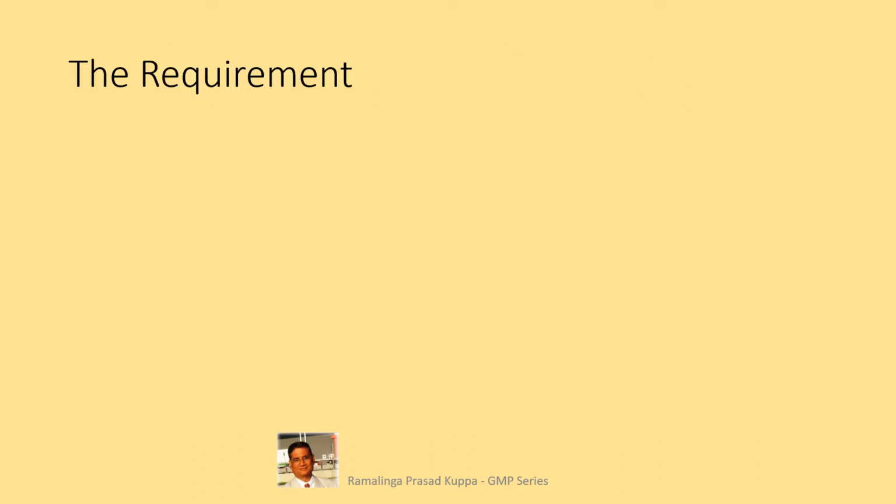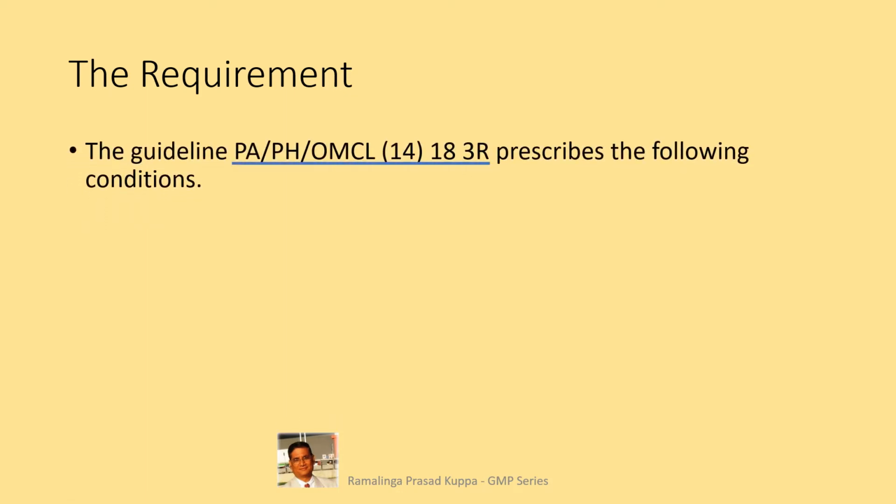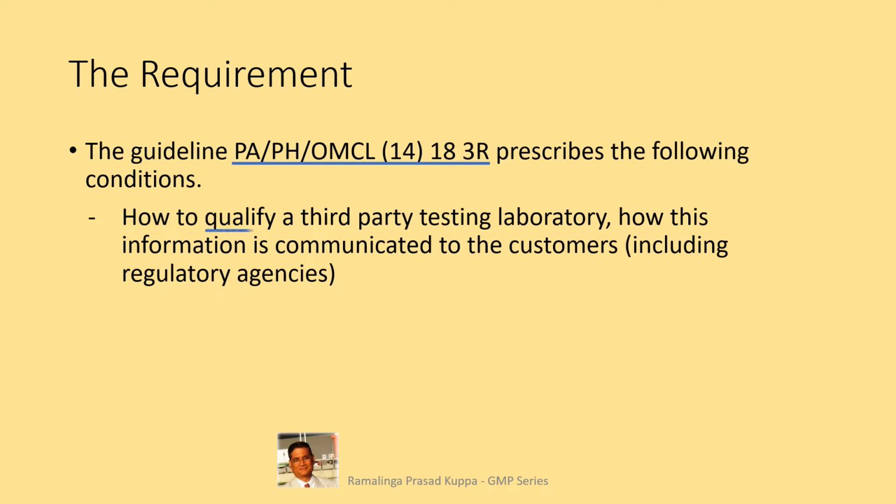Let us see the requirement. The guideline PA/PH/OMCL (14) 18 3R prescribes the following conditions. This guideline provides useful information on handling of contract laboratory operations, how to qualify a third-party testing laboratory, how this information is communicated to the customer, including the regulatory agencies.